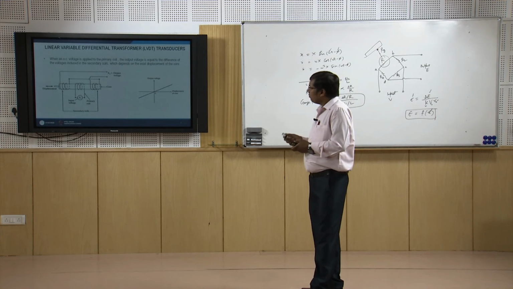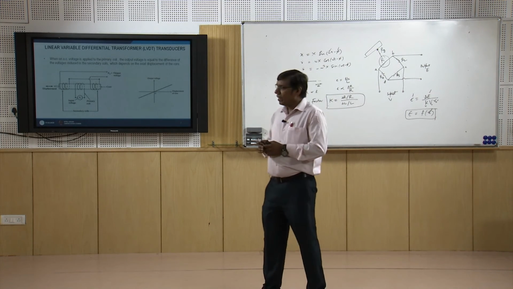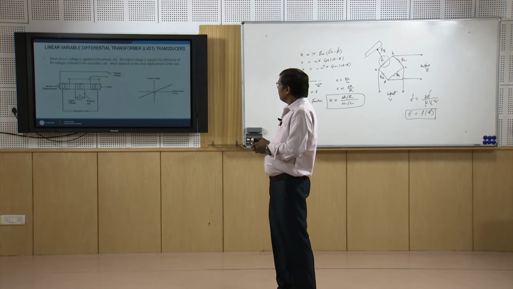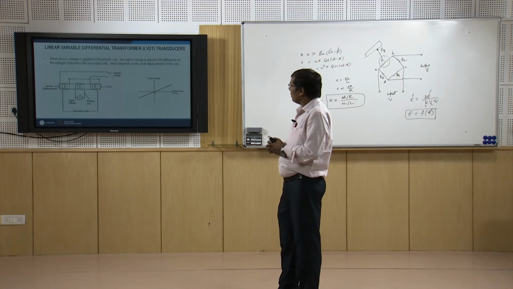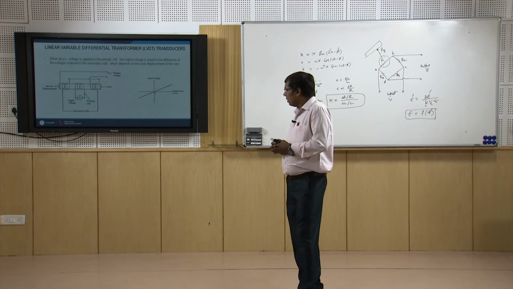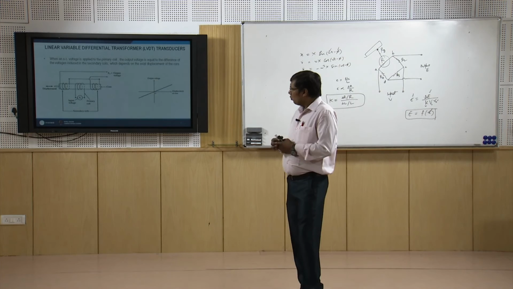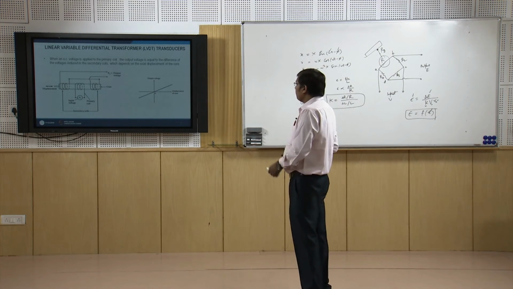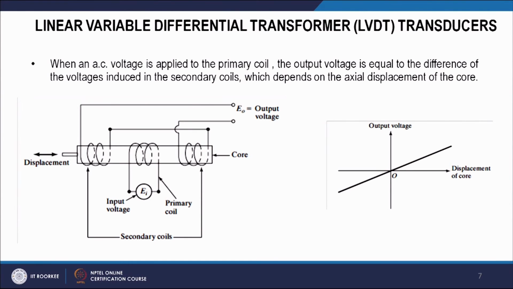There is another type of transducer that is called LVDT, the linear variable differential transformer. In this kind of transducer, as you can see, this is the primary coil and there are two secondary coils.